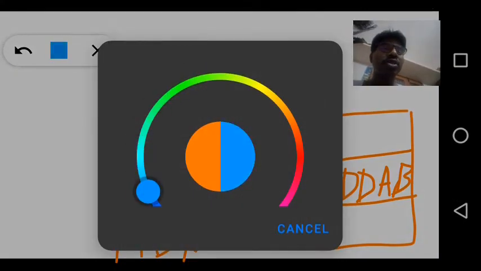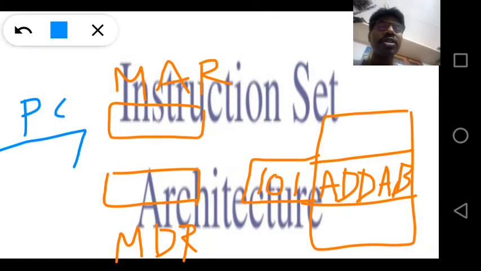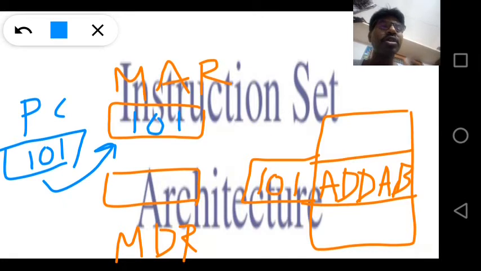Now what should happen? The PC, the program counter, stores the 101 address. This has to be loaded into MAR, the memory address register.